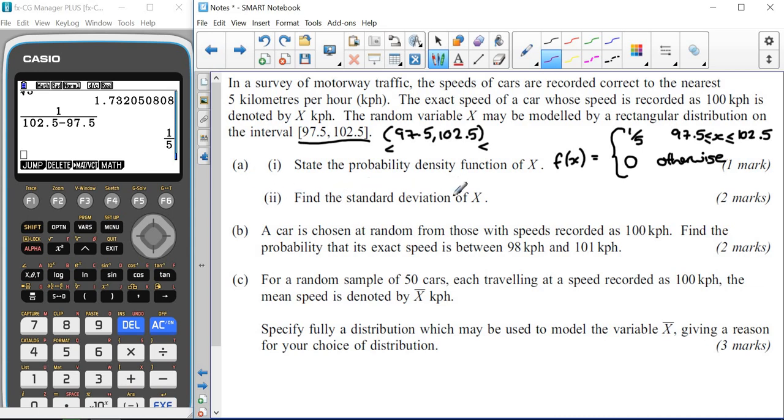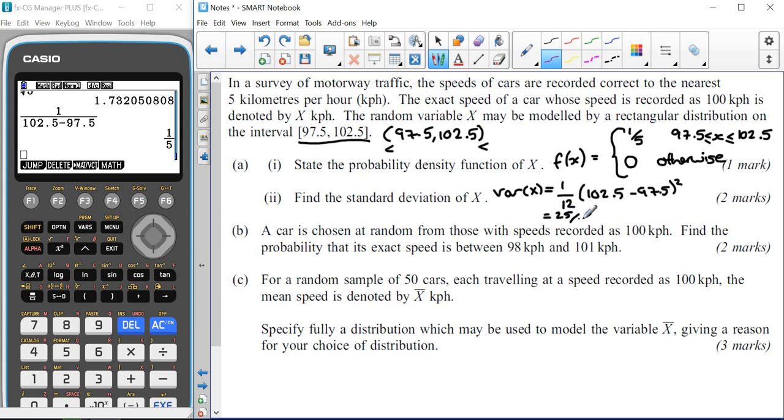Part 2 of this question, we're asked to find the standard deviation. So remember that we have to start off with the variance, which we're not given the formula for, which is going to be 1/12 of b, 102.5, minus a, so minus 97.5, squared, which gives us 25/12.